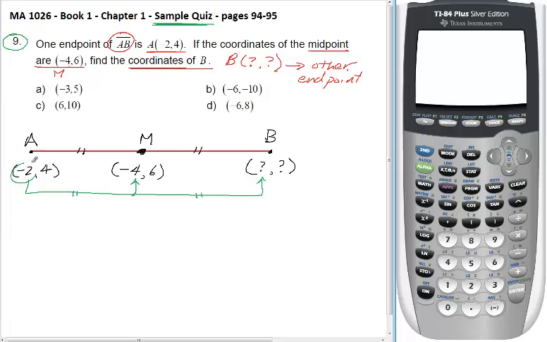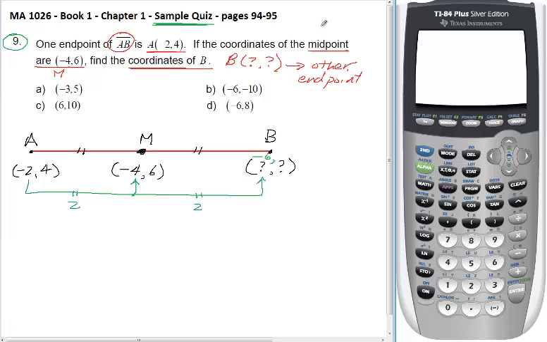If I go from -2 to -4, that's to the left, a distance of 2. To do the same thing, I go from -4 two more units to the left, which would be -6. So the x coordinate is going to be -6.